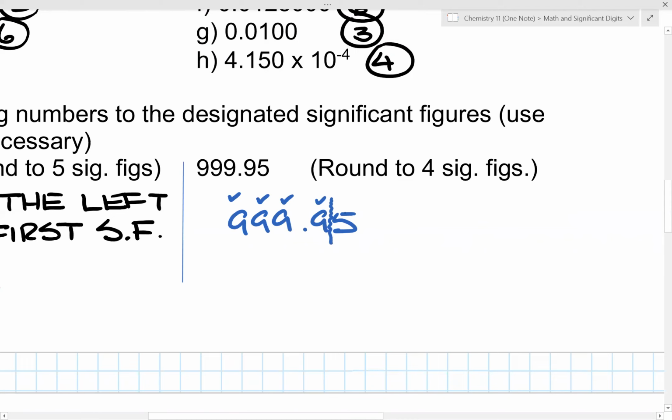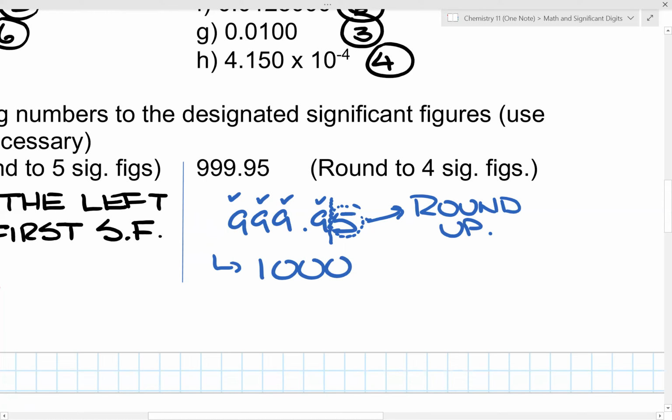So we round up. So what the answer would be is 1,000 with a decimal place, or 1.000 times 10 to the 3.